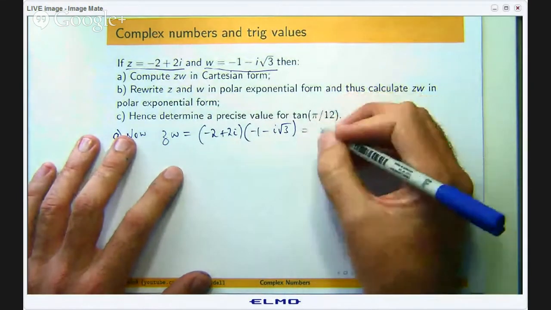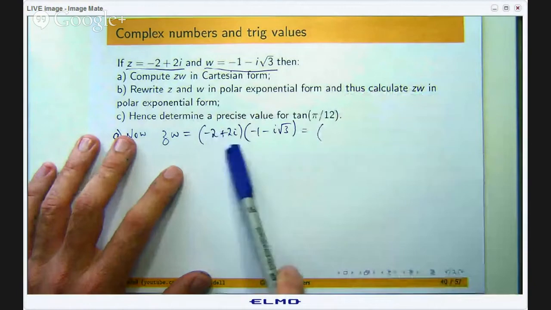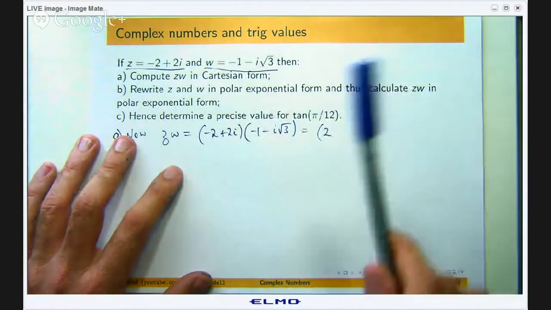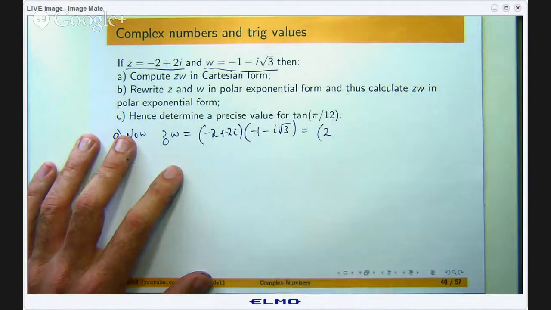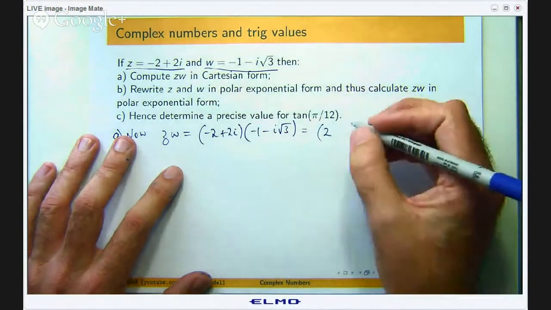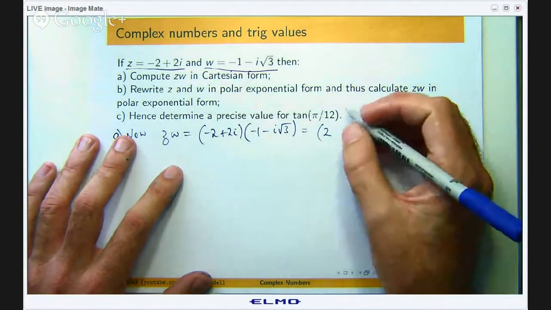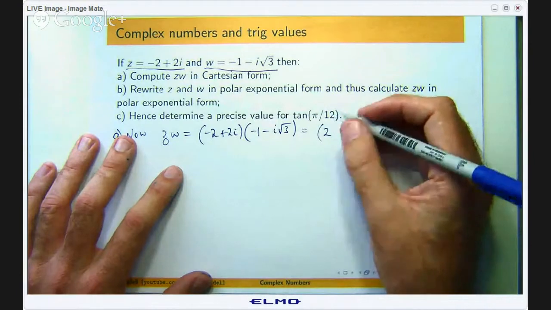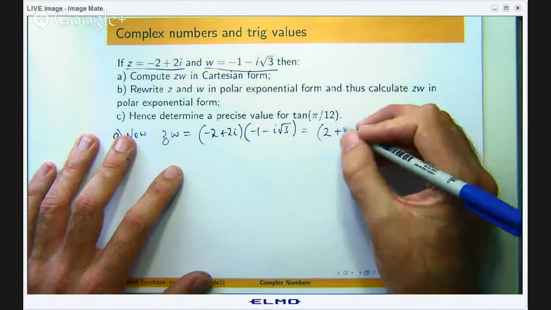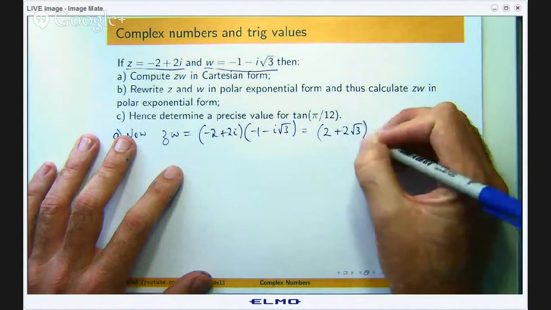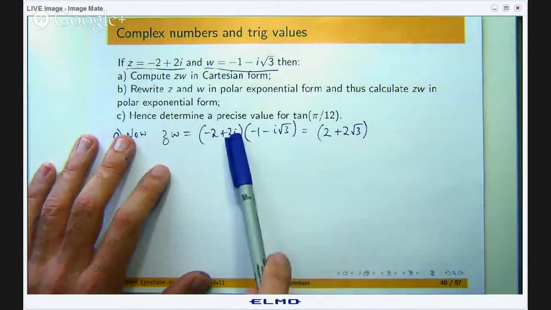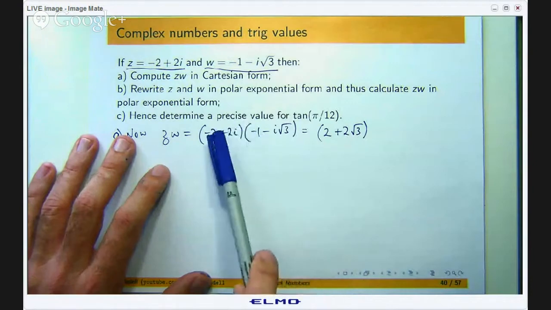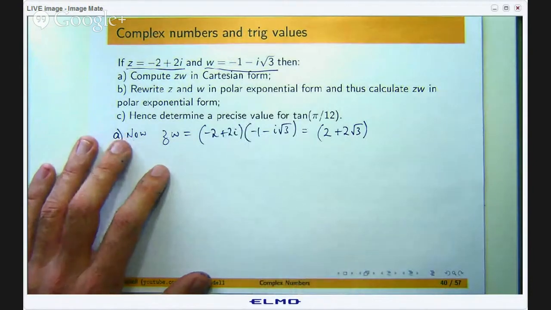So if I group the real terms together and get 2 out of that, I'm going to get 2 root 3 times -i squared. So that'll be positive 1. So I'll get 2 root 3 there. And what about the other parts? Well, 2i times -1 and -2 times -i root 3.